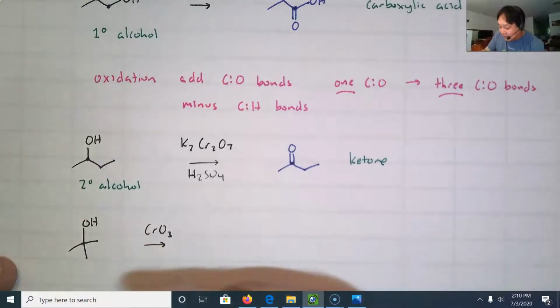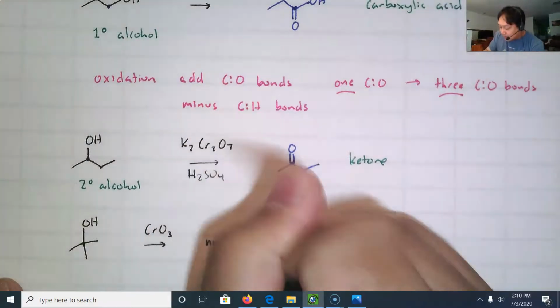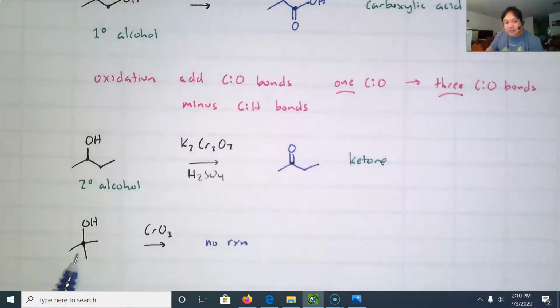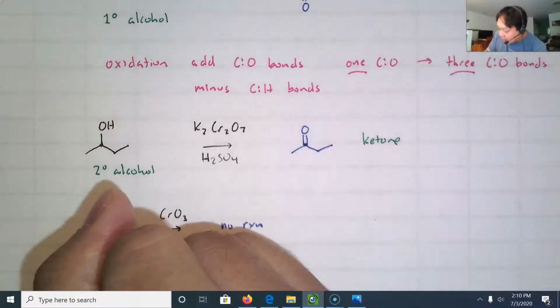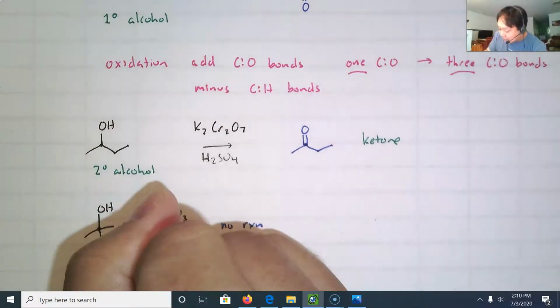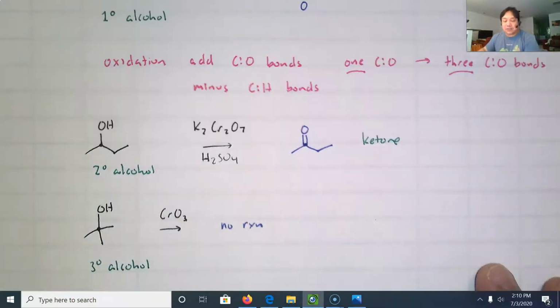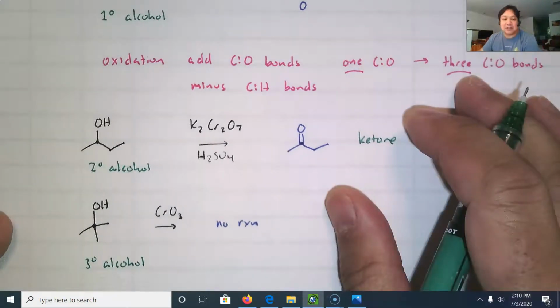No reaction for this one. Because if we look at the dot, there's no hydrogen to replace with an oxygen, or a bond to oxygen. You could remember that tertiary alcohols don't oxidize under normal conditions, under these chromic acid oxidation conditions.